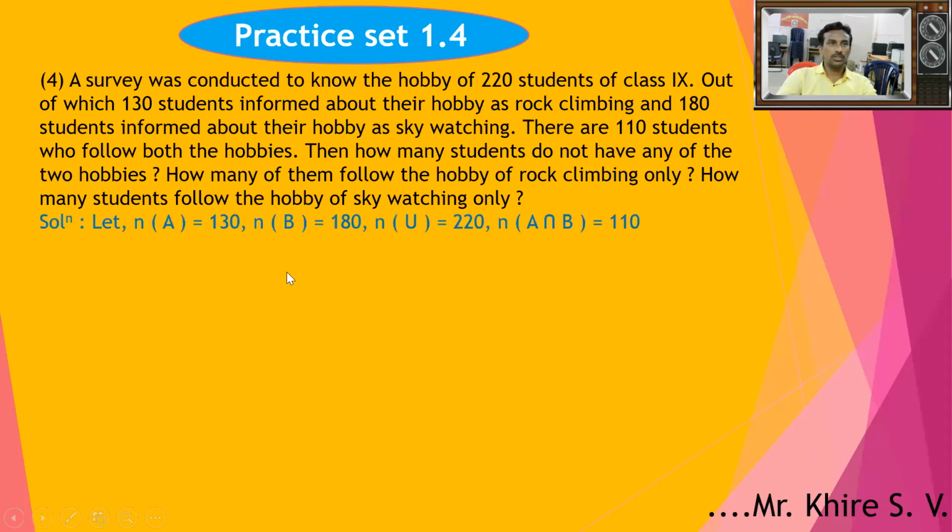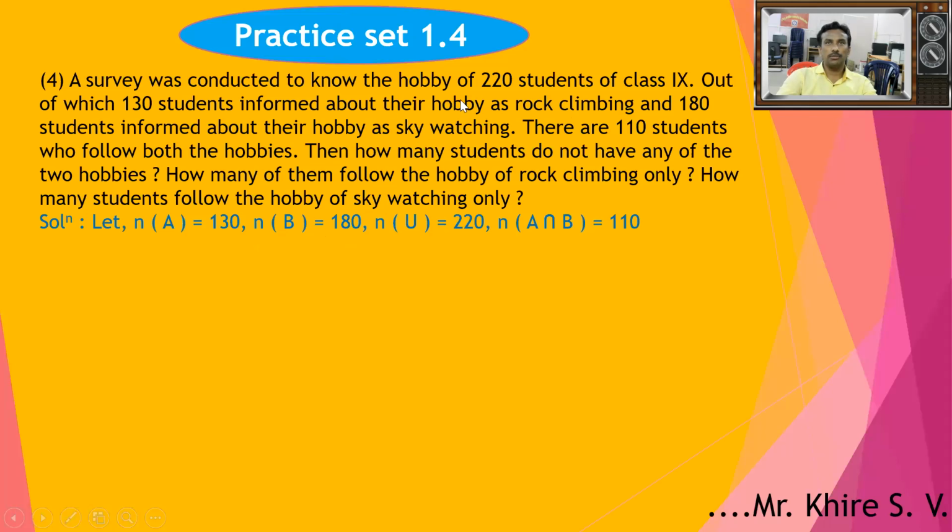So let's see the solution of this. Let us assume that number of A is equal to 130. That is, 130 students inform about their hobby as rock climbing. They like rock climbing. And 180 students like sky watching. This is number of B, suppose it is 180.